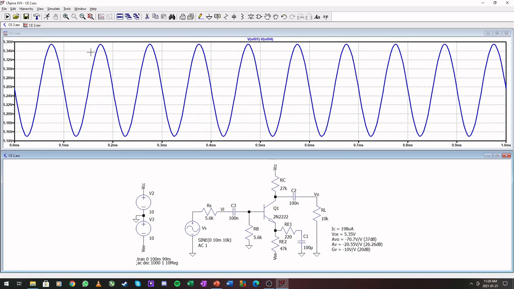And 5.35 volts. Okay, so it should be sitting a bit up here, but that is not far off. Next up, AC analysis.